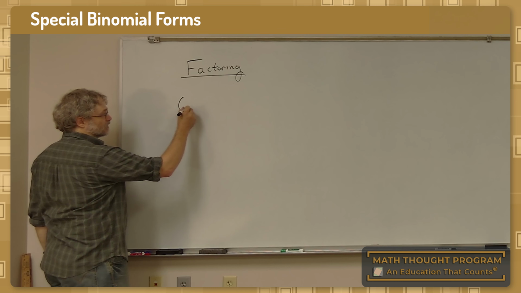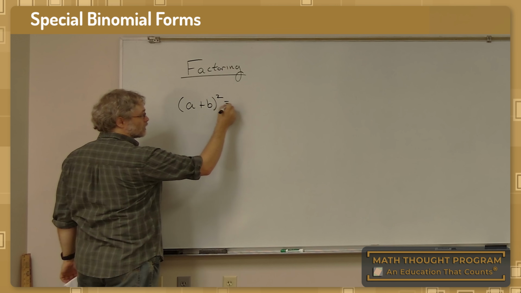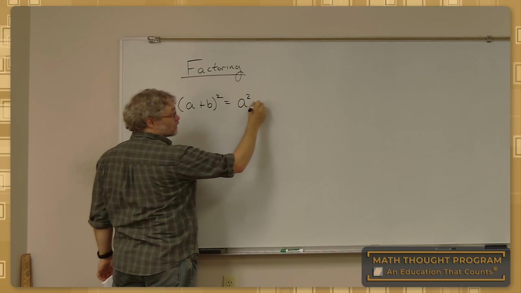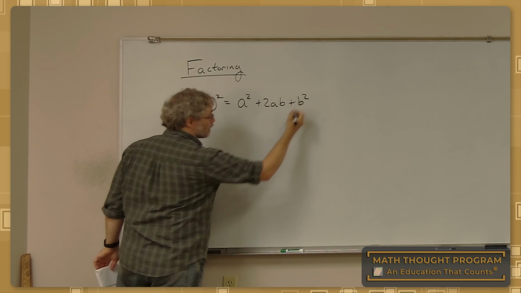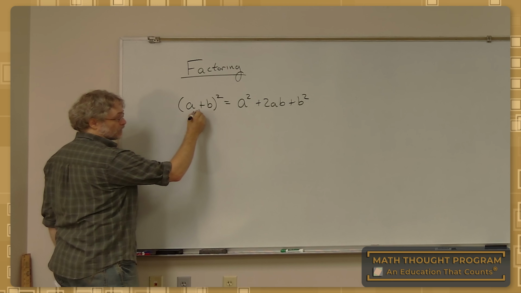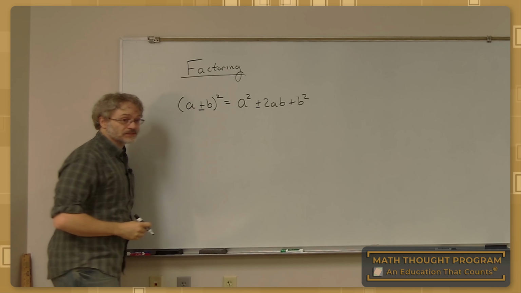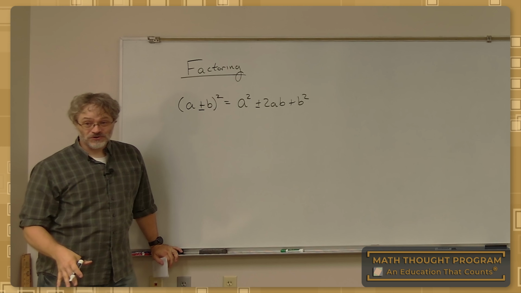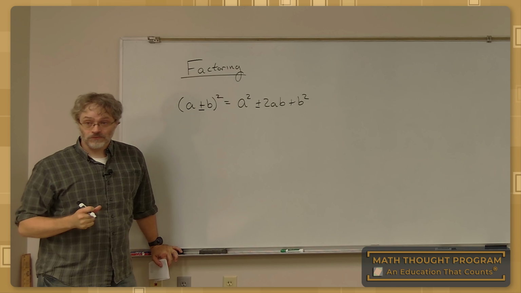If I have something of the form a plus b quantity squared, recall that we can rewrite it as a squared plus 2ab plus b squared. And likewise, if it's a minus sign right here, you have a minus sign right there, and you still have a plus. So if I can identify this particular structure in a problem, I can factor it really, really quickly.